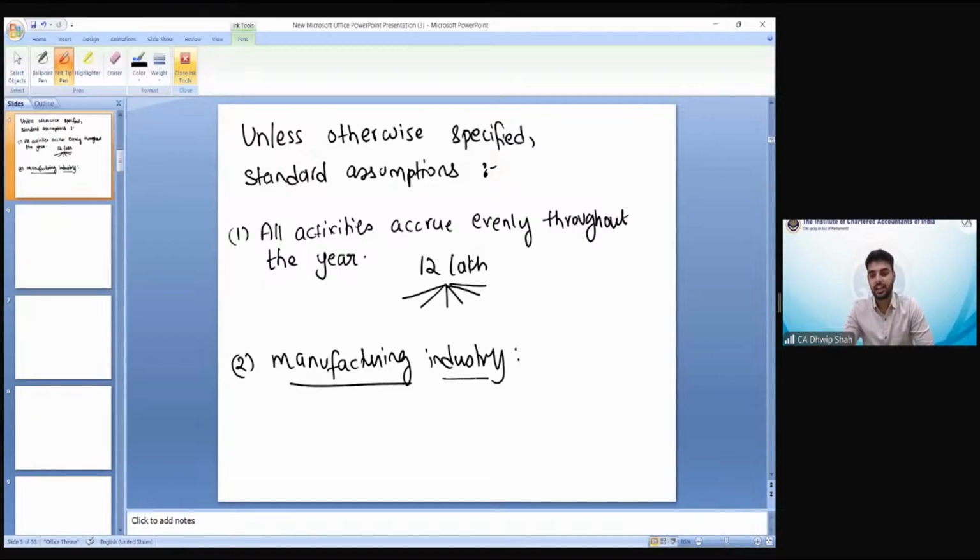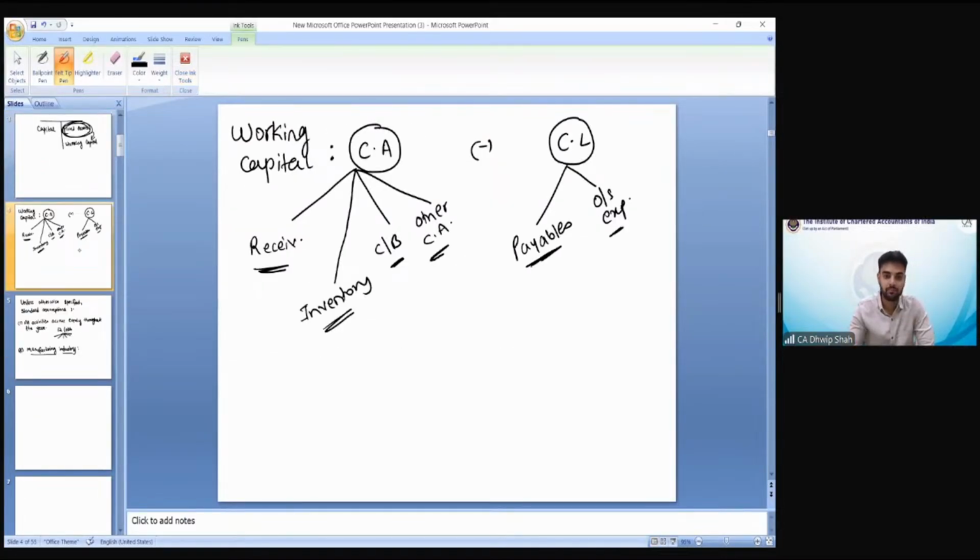So can I say in other words, for a manufacturing business, inventory would be of 3 types. There would be some inventory of raw material, there would be something under work in progress, and there would be stock of finished goods as well. Yes or no?